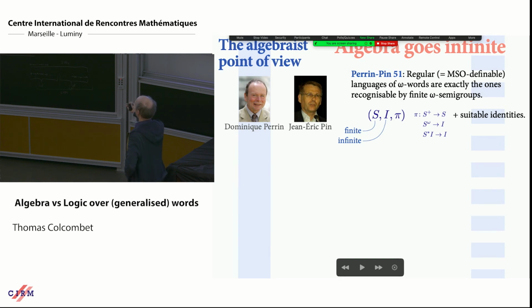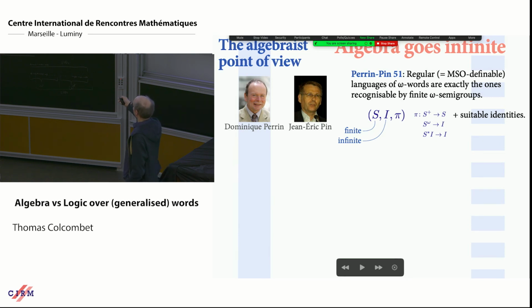Probably I will not cite everyone, but there is this book of Perrin and Pin, who defined the concept of an omega-semigroup. An omega-semigroup consists of two sorts. One corresponds to the sort of finite non-empty words. The other corresponds to the sort of infinite words. And there is a product.